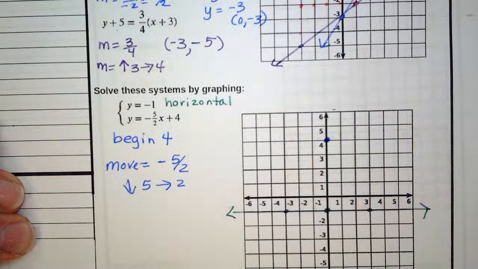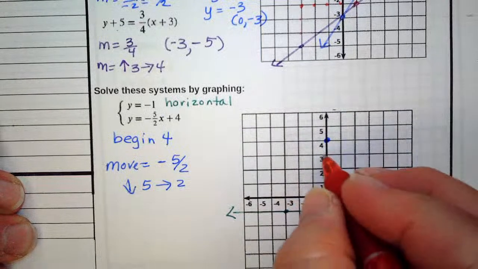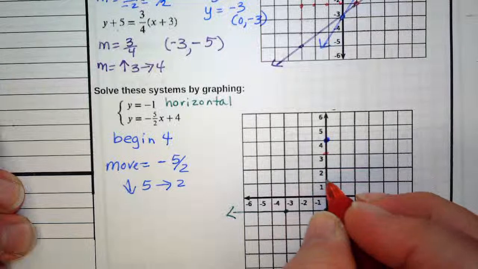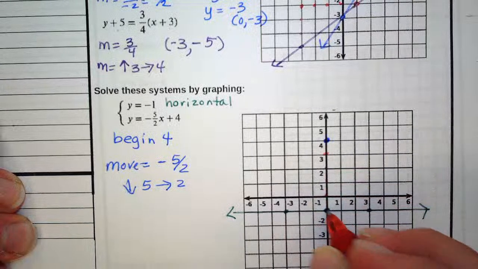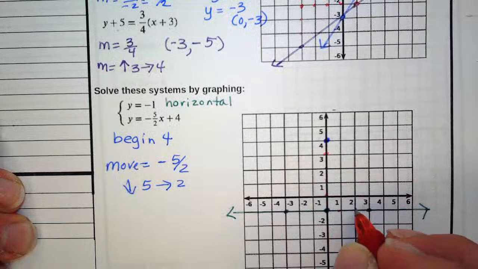Now I want to go down 5. 1, 2, 3, 4, 5, and right 1, 2.